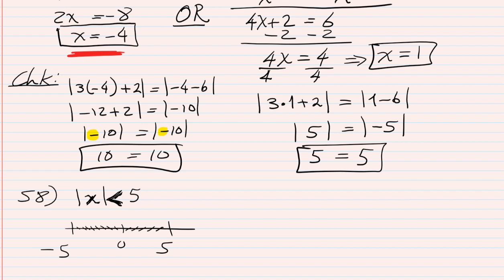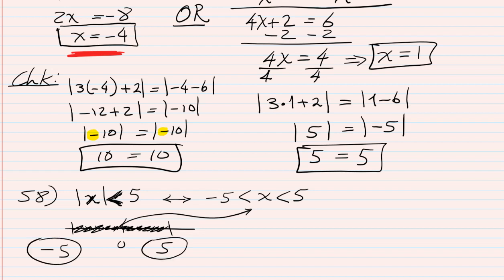Okay. So the translation of this would be between negative 5, x, and 5. So notice from the shaded segment, I can actually write the inequality for that. This shaded segment means everything that's between negative 5 and 5, true? So that's within 5 units of 0.